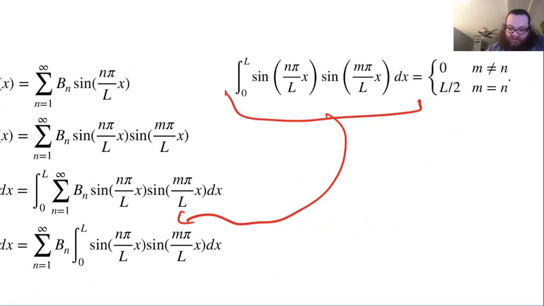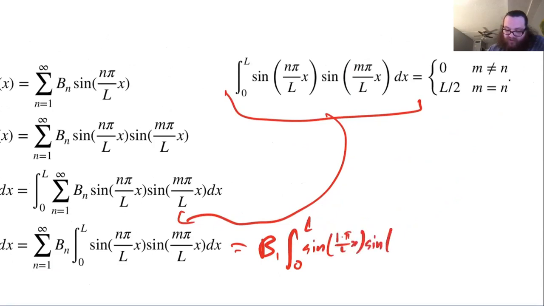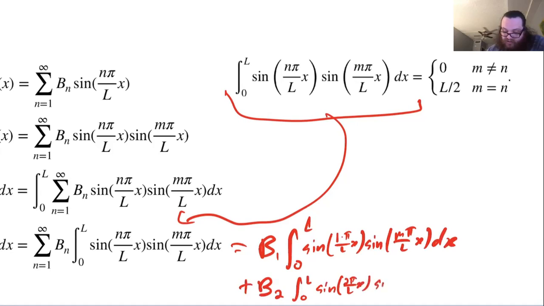So what does this actually look like? Let's write out a few terms. We have b sub 1 times the integral from 0 to L of sine of 1 pi over L x, sine of m pi over L x dx, plus b sub 2 times the integral from 0 to L of sine of 2 pi over L x, sine of m pi over L x dx, plus dot, dot, dot.